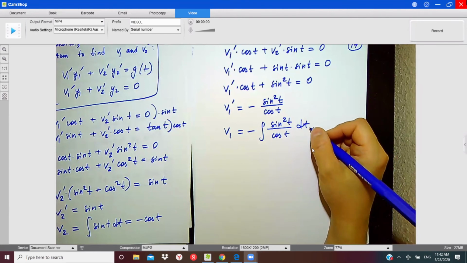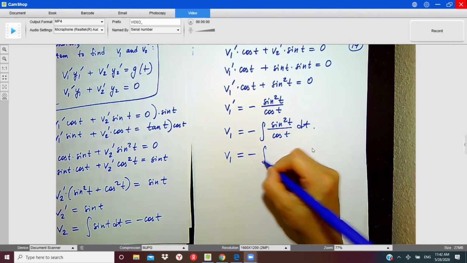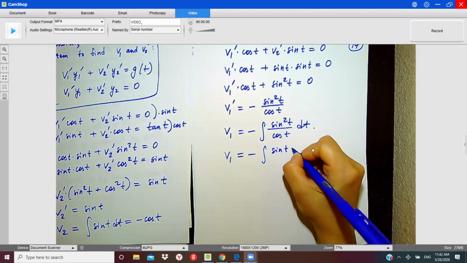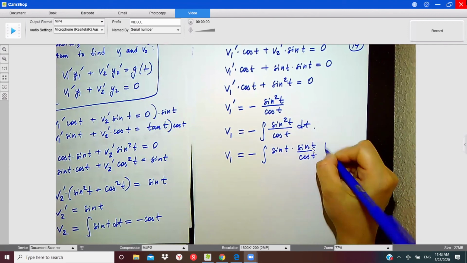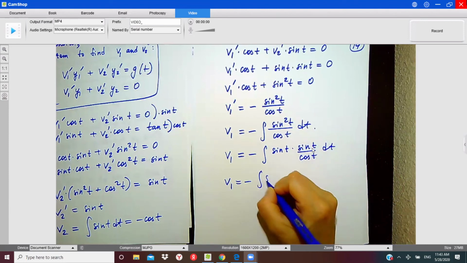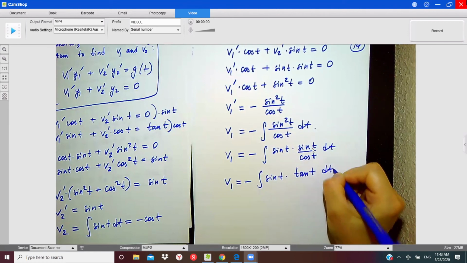So sine times tangent. So v sub 1 equals negative integral sine of t times sine of t over cosine of t dt. So v sub 1 equals negative integral sine of t times tangent t dt.